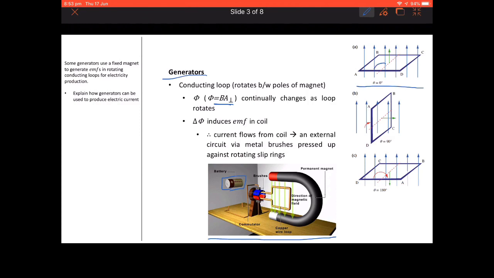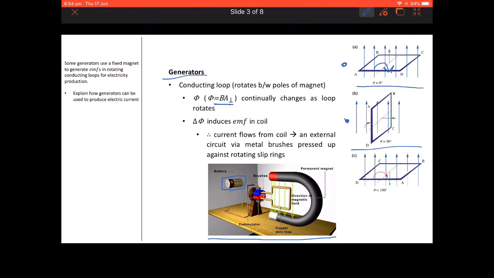As that loop rotates, eventually it will become vertical, or parallel with the magnetic field, and so there'll be no magnetic field passing through the loop, because the loop is perfectly parallel with the field, so there's no area perpendicular to that field.